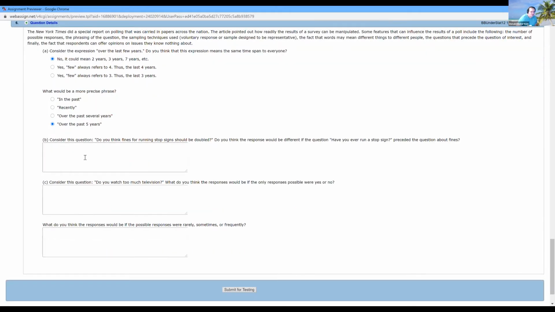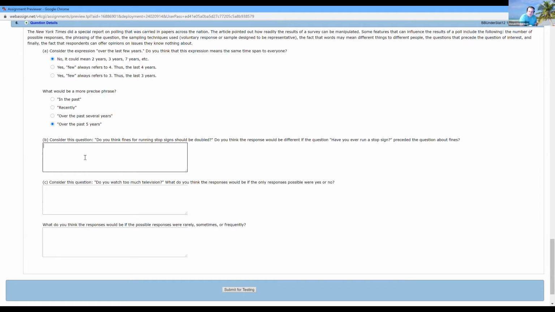Now, the boxes here. Consider this question. Do you think fines for running stop signs should be doubled? Do you think the response would be different if the question had been preceded by, have you ever run a stop sign? So imagine you just said, should fines for running a stop sign be doubled? And people would say, yeah, you're right, I think they should double it.